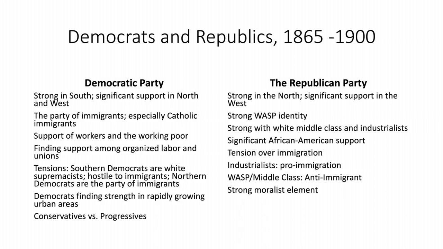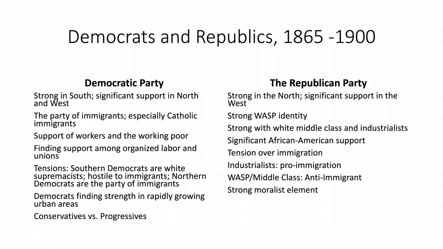That said, you also have pockets of pro-business Northern Democrats. They were often pejoratively called the Bourbon Democrats because they were sort of like drinking bourbon in back rooms, making deals with business leaders. But they are a part of the Democratic constituency as well.